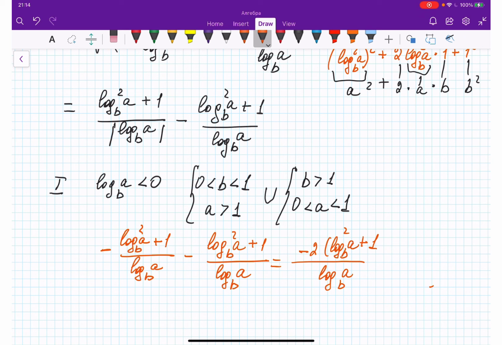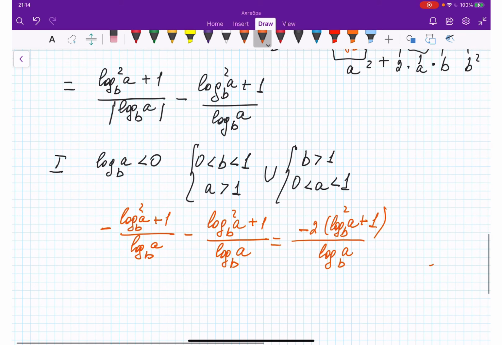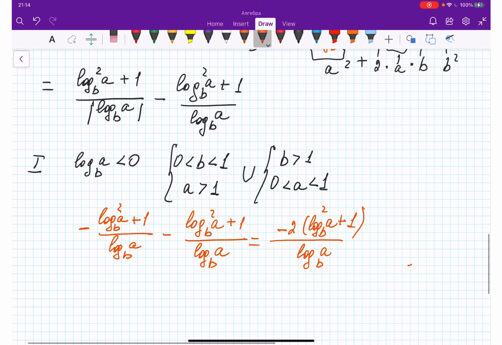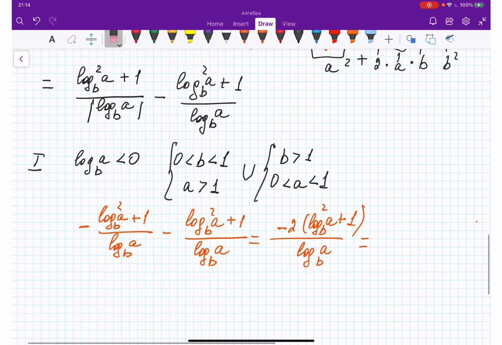I brought it to a common denominator. Yes? Okay, and the final answer is going to be negative 2 times (log_b(a) plus log_a(b)). Okay, let's go into details.